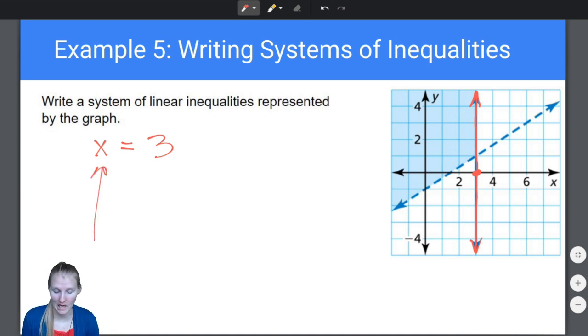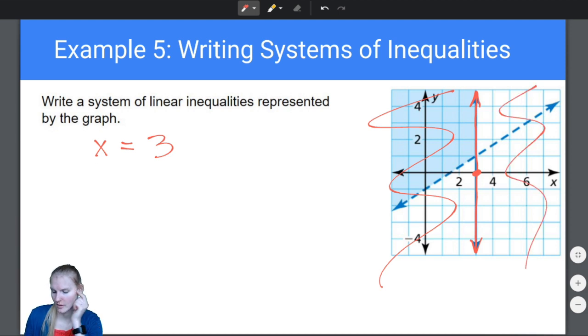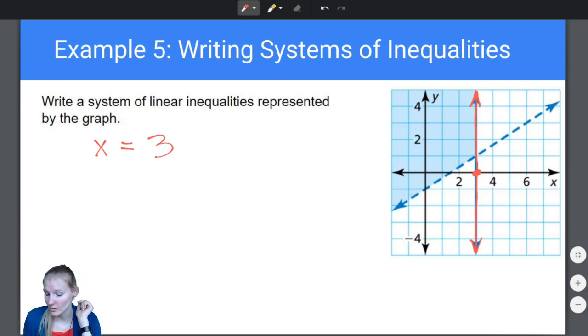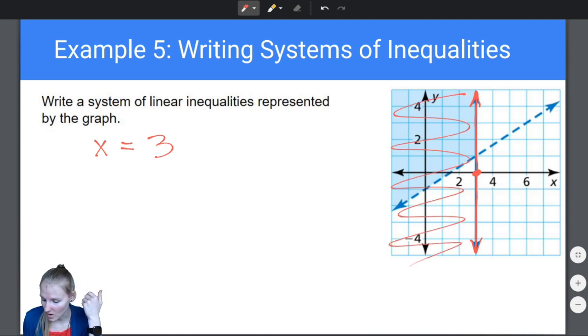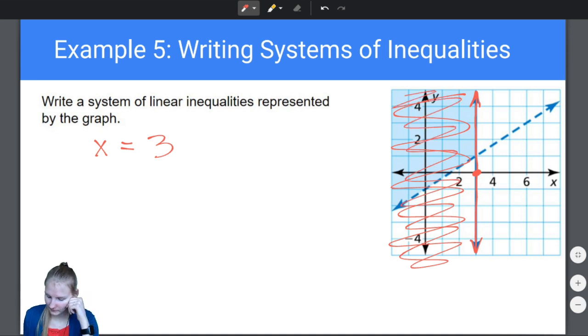Remember, vertical lines have x equals. Okay, now, have I shaded to the left or have I shaded to the right? Well, in order for this shaded region to be our solution set, I must have shaded on the left.